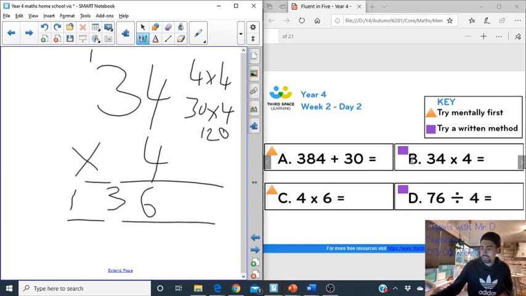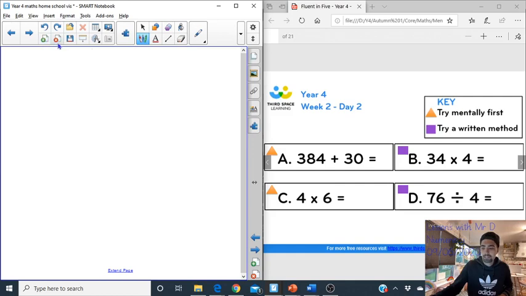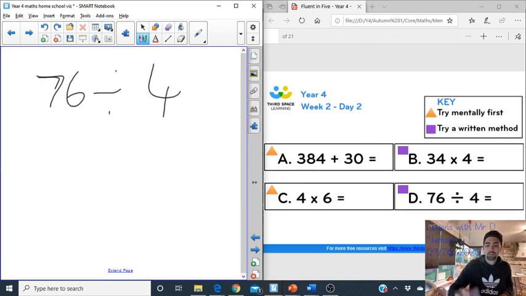And the last one, which is really good because we haven't done any division since we practiced, 76 divided by 4. What I'm saying, and this is really important for fractions later on, is I've got 76 now, that's my whole, and I'm dividing it by 4.